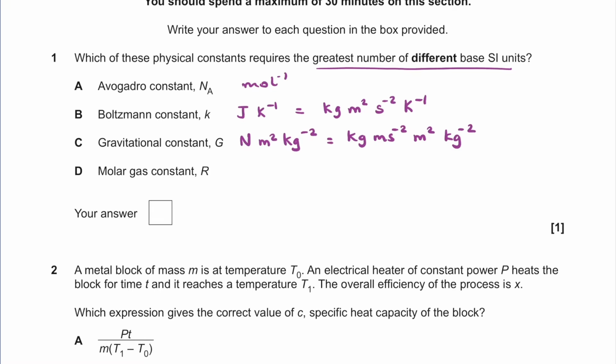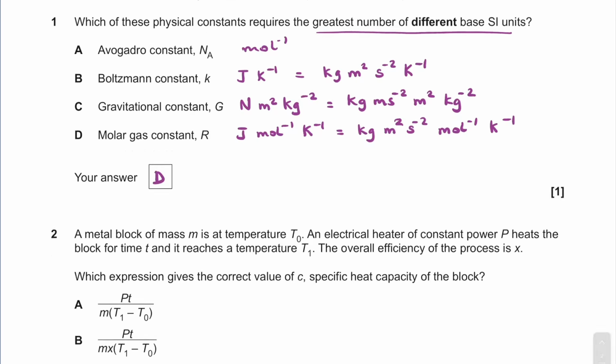Finally, we have the molar gas constant, which is joules per mole per Kelvin. So that will be kilograms meters squared per second squared, per mole, and then per Kelvin. So in the last one, we have the most different base units. D is the answer.